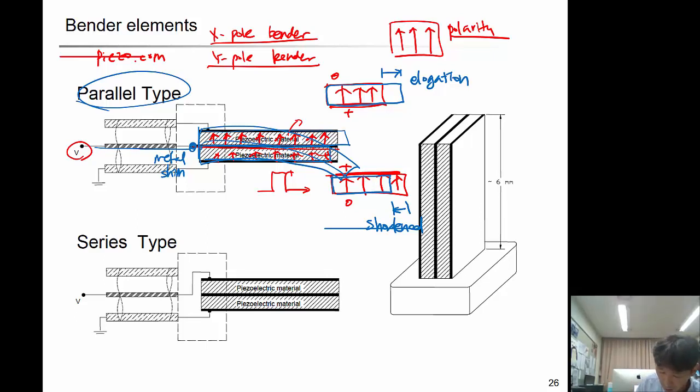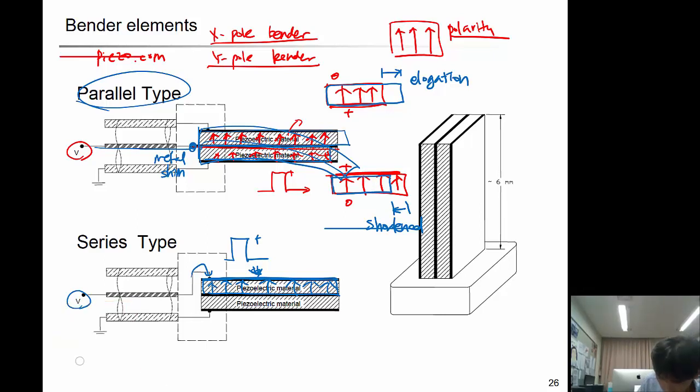In the series type, you're using only this material, and this will be in this direction. The other is that you don't apply any voltage. So here the voltage is applied, so we can apply the positive voltage in this direction. Then in this phase, it will be shortened, right?